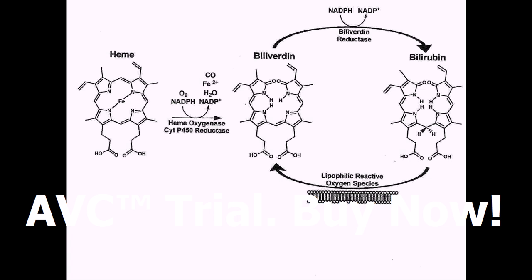So bilirubin has additional hydrogen atoms which can be donated to the lipophilic reactive oxygen species, which means free radicals, and neutralize these free radicals, and then the bilirubin gets converted into the oxidized form, biliverdin. However, there is enough biliverdin reductase produced in the body. So even if bilirubin is getting converted into biliverdin, it again gets converted into bilirubin by the action of the enzyme biliverdin reductase.